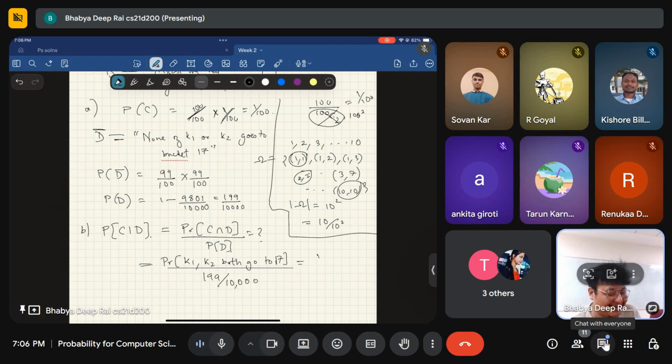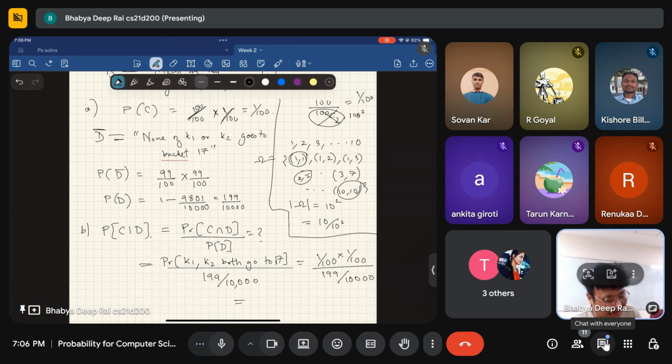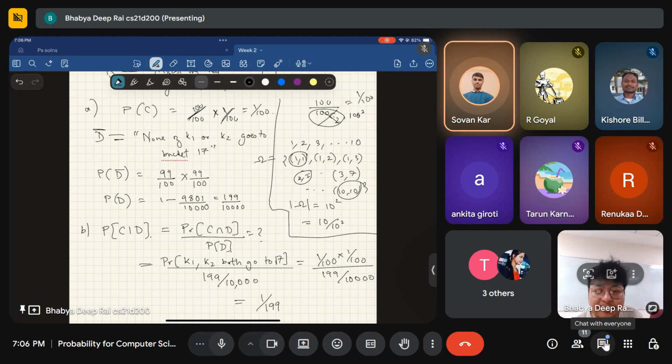Now it is 1 by 100 times 1. Why is it 1 by 100 now? Because now we know which bucket to go. We are fixing the bucket where even K1 should go. There we have only one choice. 17 is the obvious choice.